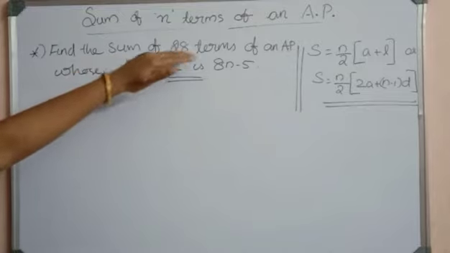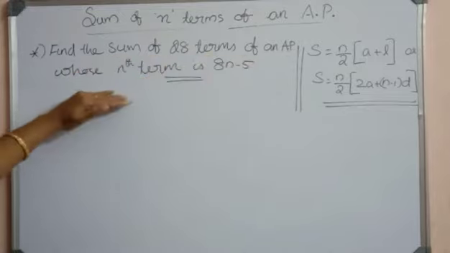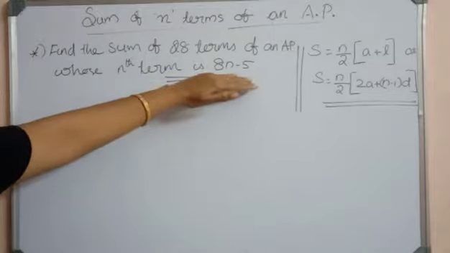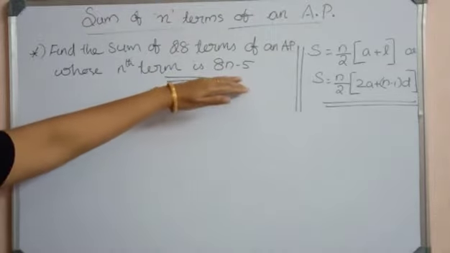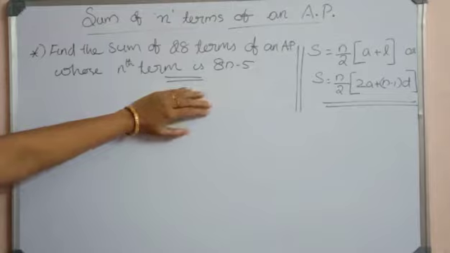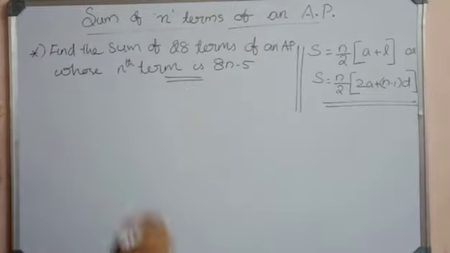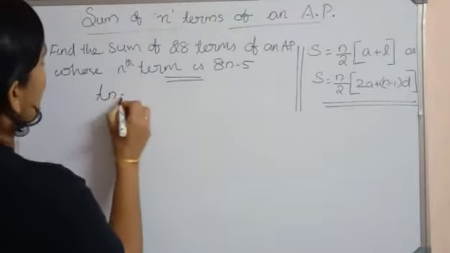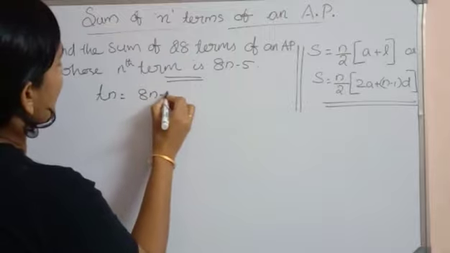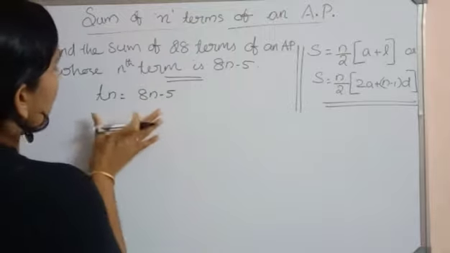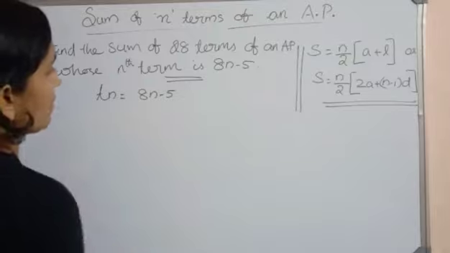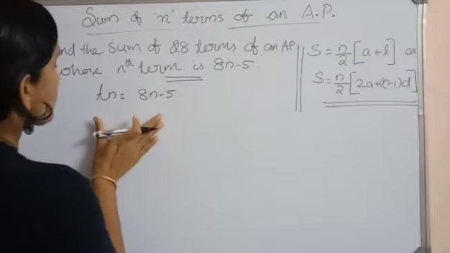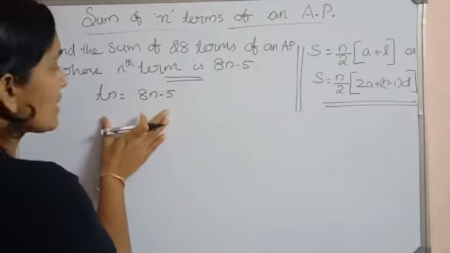Find the sum of 28 terms of an AP whose nth term is 8n minus 5. The nth term is given. We need to find the sum of 28 terms. So let's write Tn is equal to 8n minus 5. We don't have any other values, only Tn is given. By using this, let's find the first term as well as the last term.